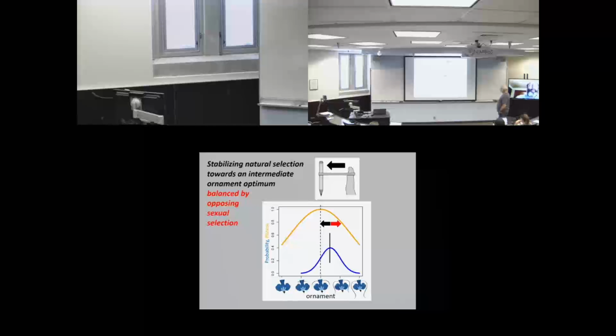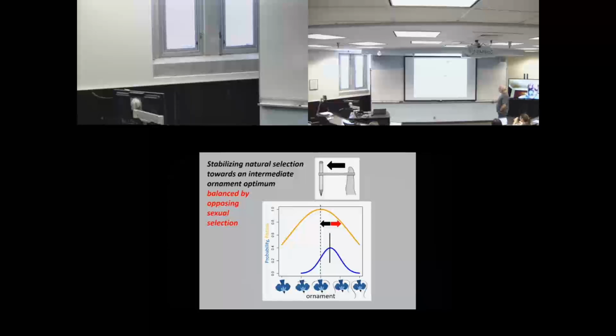So we've got selection driving the population mean towards the equilibrium, and we've got sexual selection causing the males to balance or counteract this selection so that the male population can equilibrate at some distance from the optimum under natural selection.